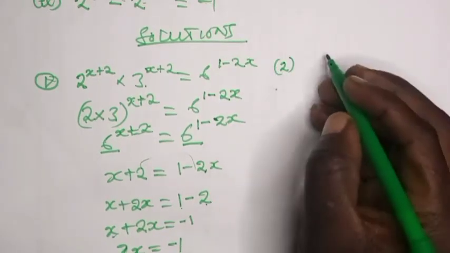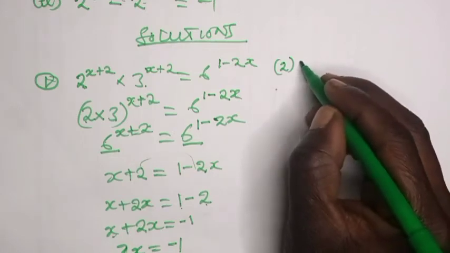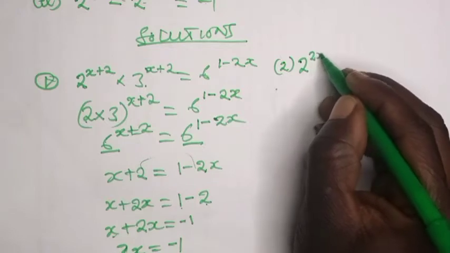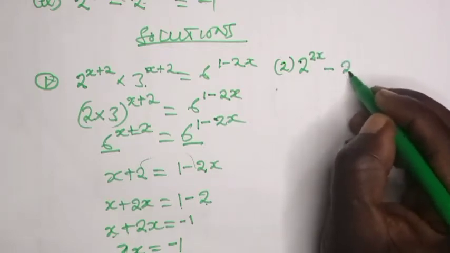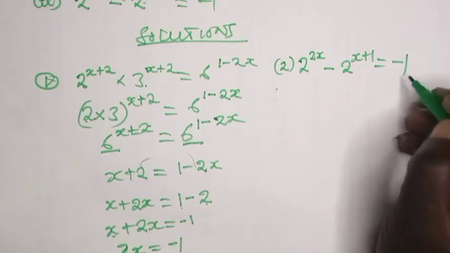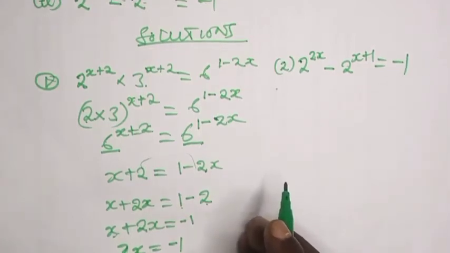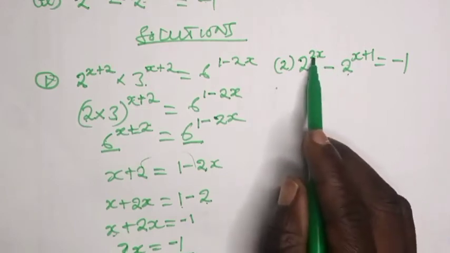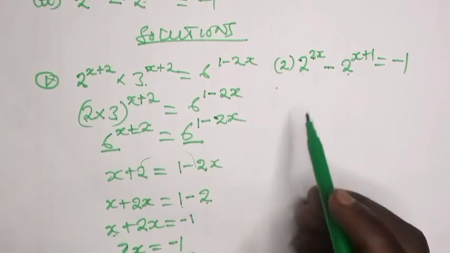Question 2, we have 2 power 2x minus 2 power x plus 1 equals minus 1. Here the most important thing is that we have the same bases but different powers. Even here there's a minus.